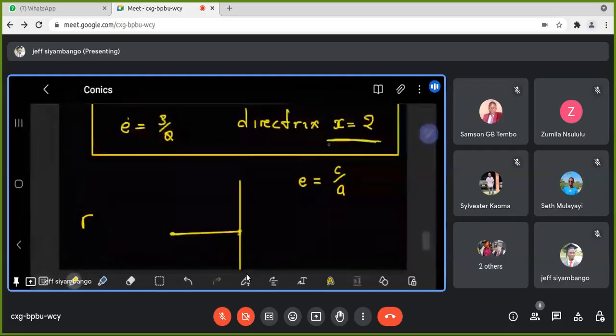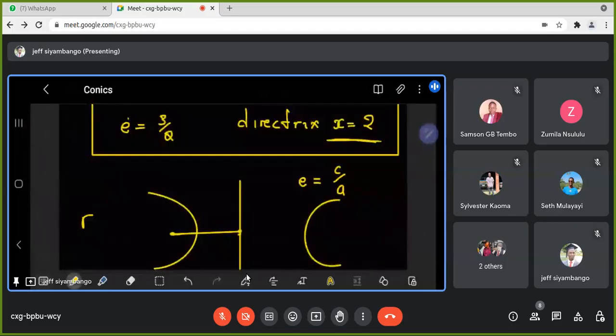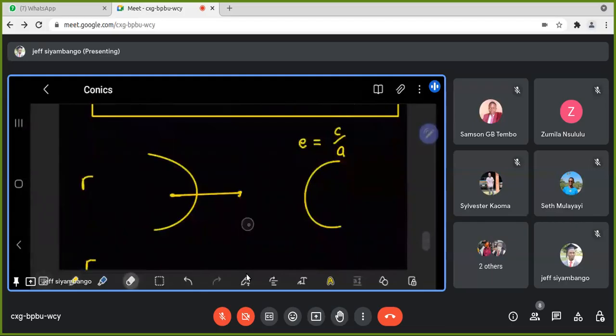So I know it's a vertical directrix. So I know I am dealing with a hyperbola which opens like this. So based on that, if this is the one centered at the origin, then my directrix will have to be 2 units from this side. I can position it somewhere here so that it is 2 units from that end.